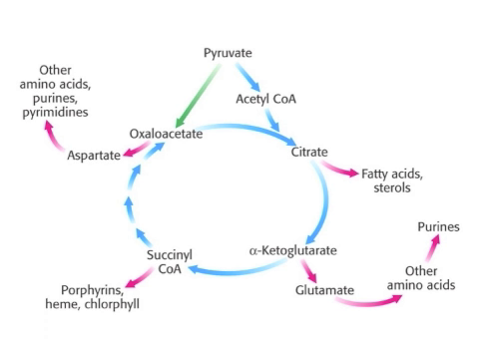Succinyl-CoA is used to make porphyrins that are necessary for heme and chlorophyll. Oxaloacetate makes the amino acid aspartate, and it is also used to make other amino acids and to make purine and pyrimidine nucleotides.